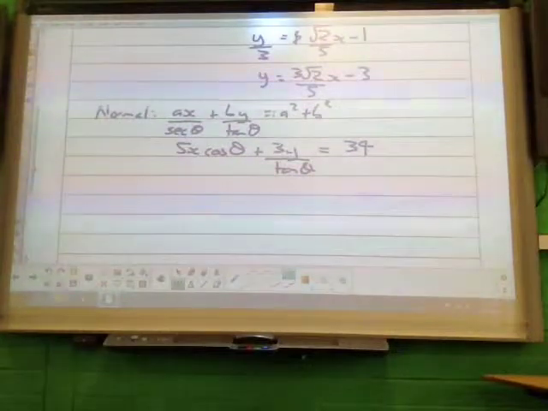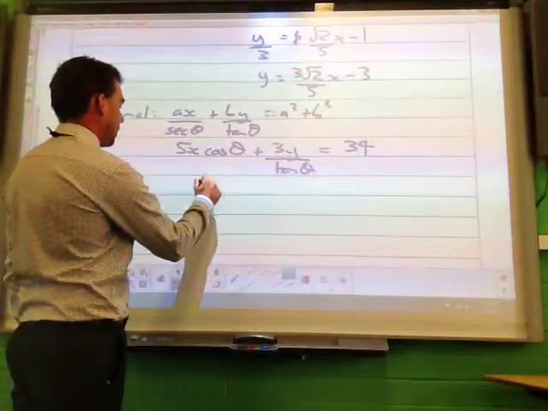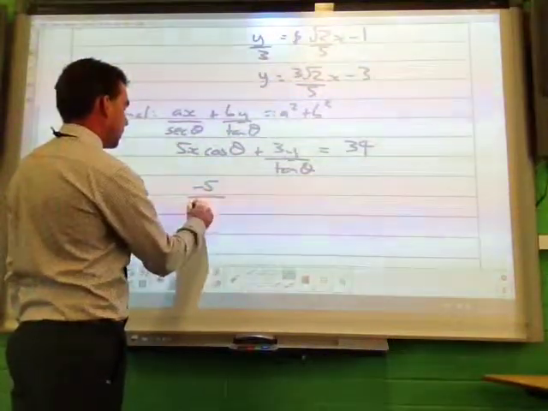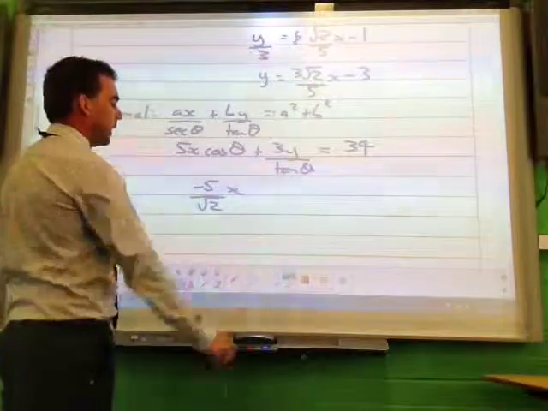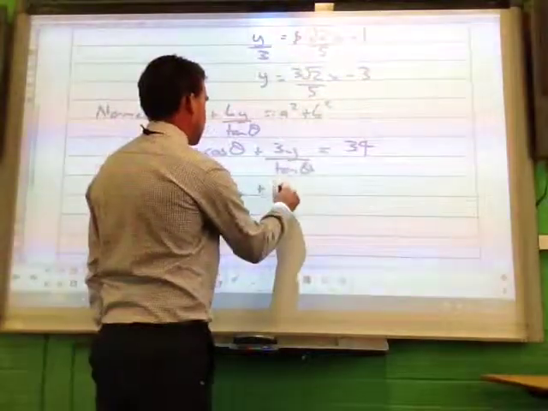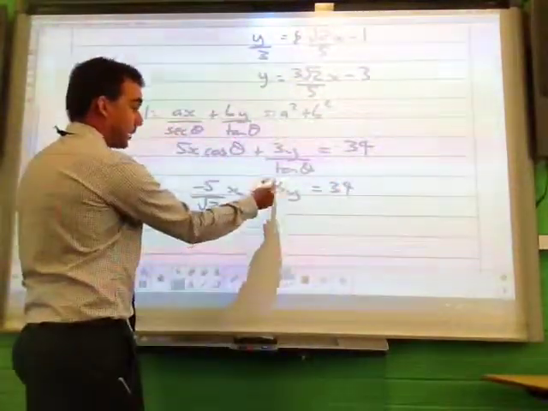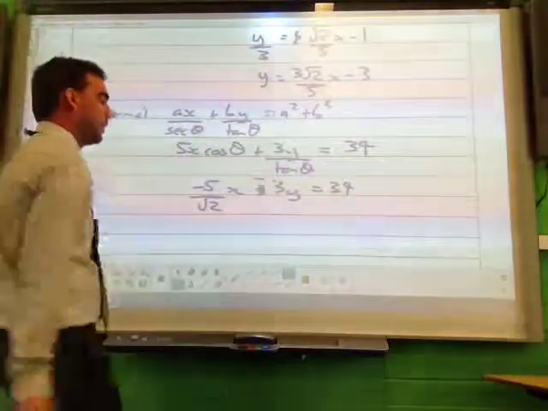The cos of 135 is negative 1 on root 2. So we've got negative 5 on root 2 x. And tan theta is negative 1, so this needs to change to a negative.